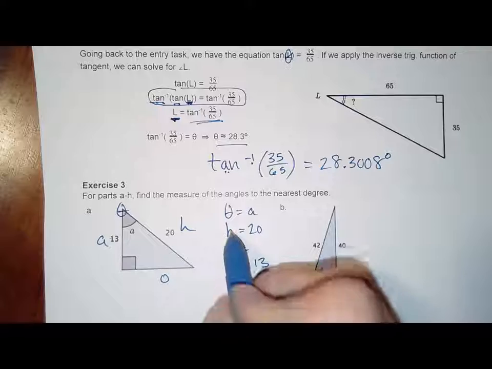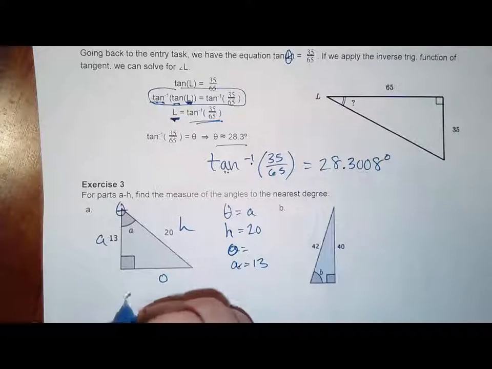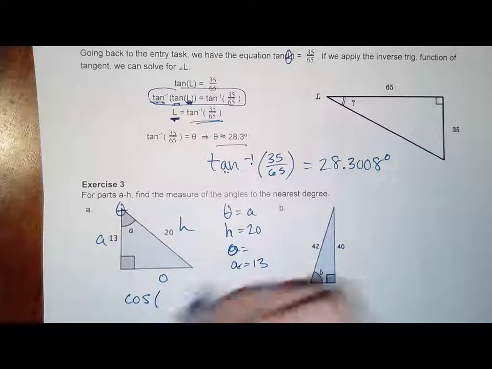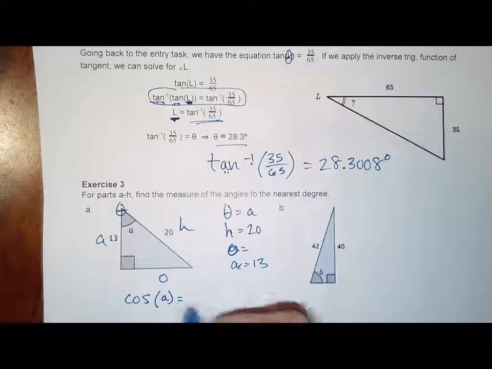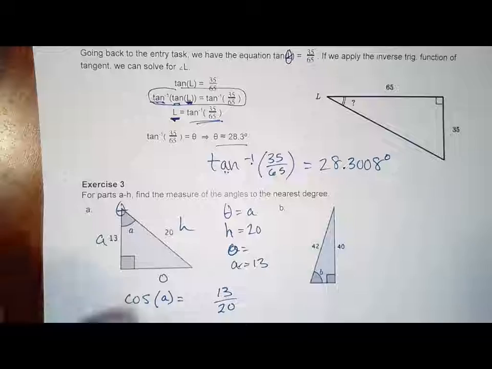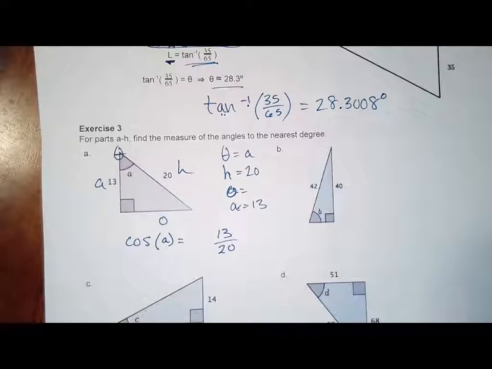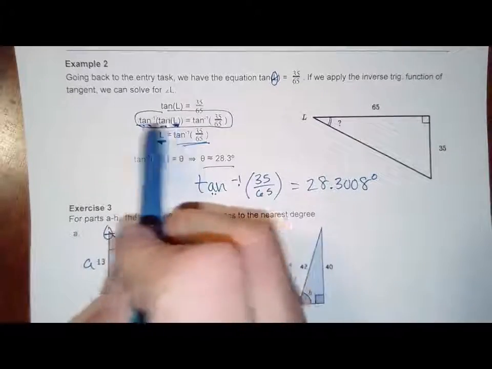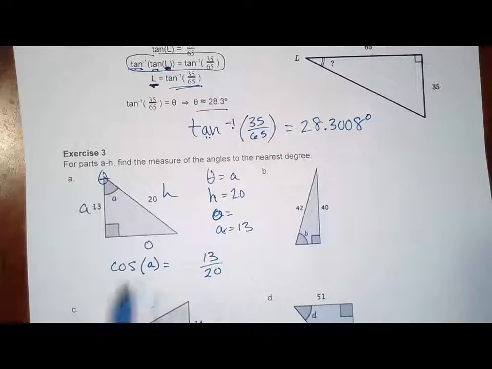This is an AH, so that's cosine. You might not have caught it, but I've intentionally got a gap between the equal sign and the 13 over 20, because the math that's happening up here is the math that we use to make cosine go away.